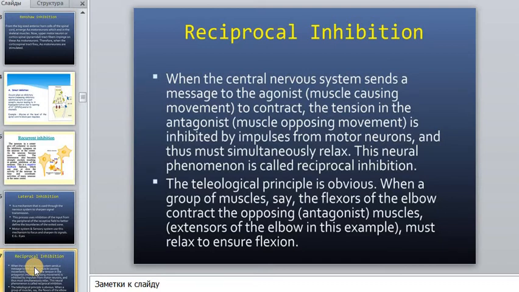This neural phenomenon is called reciprocal inhibition, and the physiological principle is obvious. When a group of muscles, say the flexor of the elbow, contract, the opposing antagonistic muscle, the extensor of the elbow in this example, must relax.